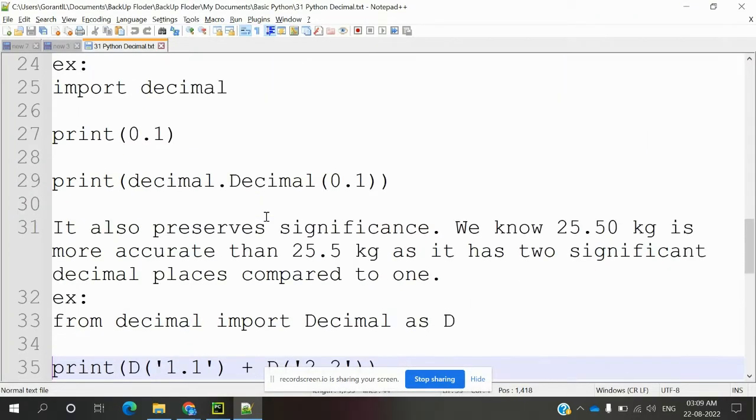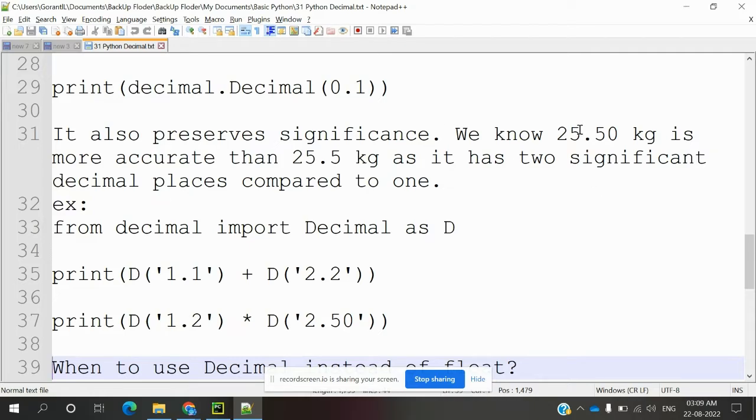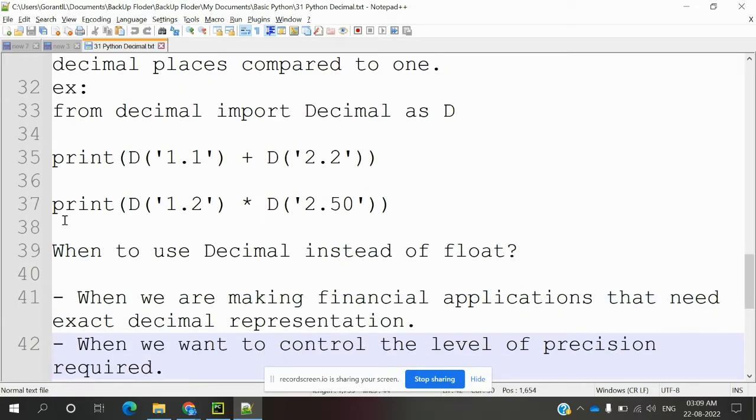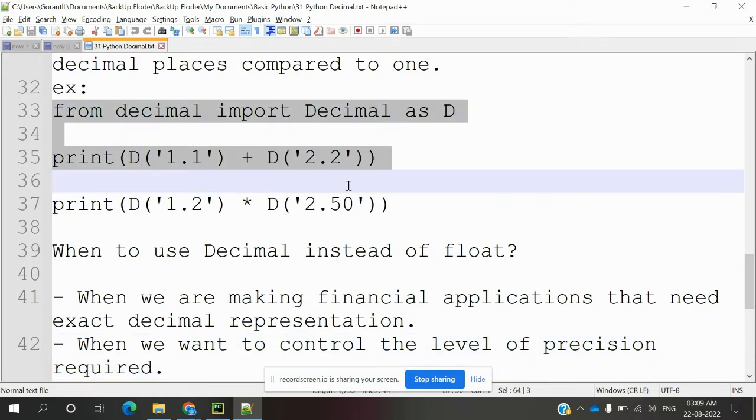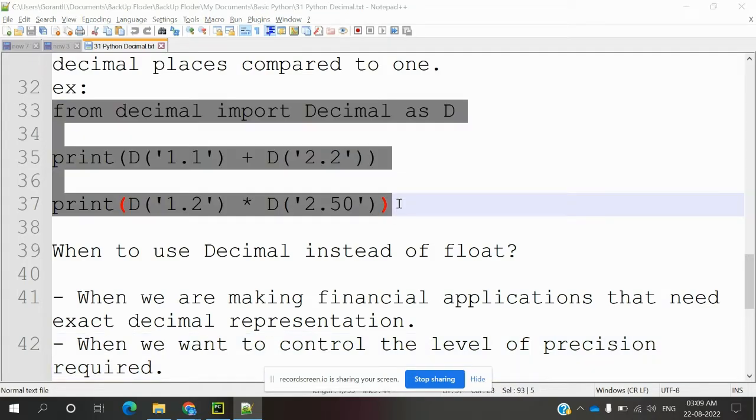We also observe the significance: 25.50 kgs is more accurate than 25.5, as it has two significant decimal places compared to one place. 25.50 and 25.5 keep the same format of occurrence, right?